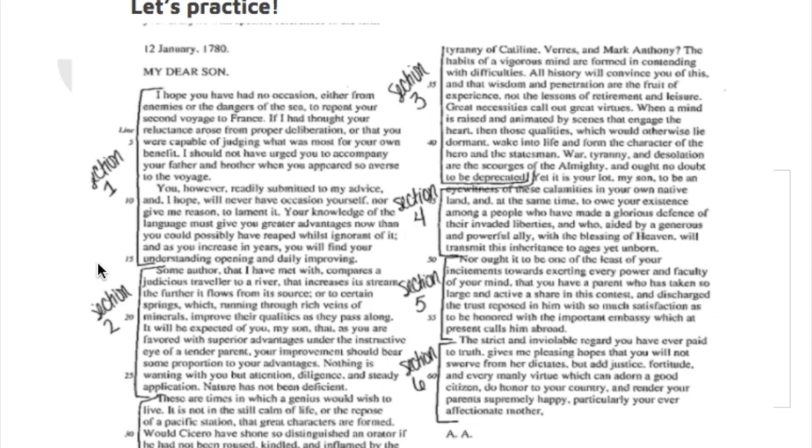It's the context. It's somewhat persuasive in mode because she says things like, I hope you have had no occasion, I hope you will never have occasion yourself, nor give me reason to lament it. Your knowledge of the language. She's starting to list her reasons why it's a good idea for him to travel to France.